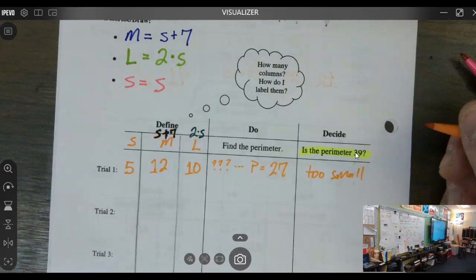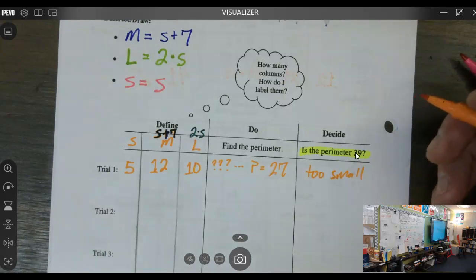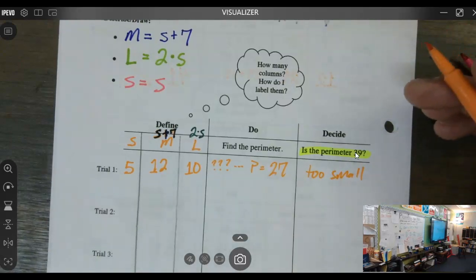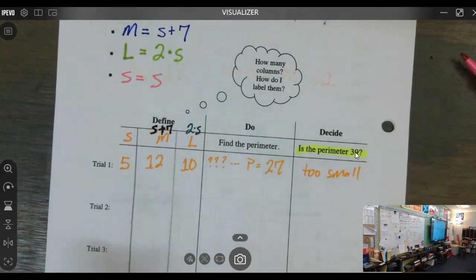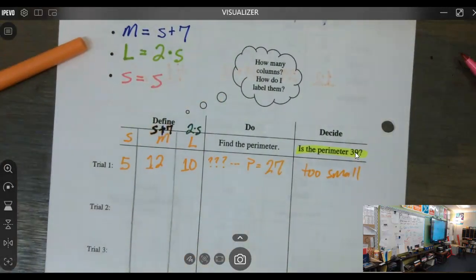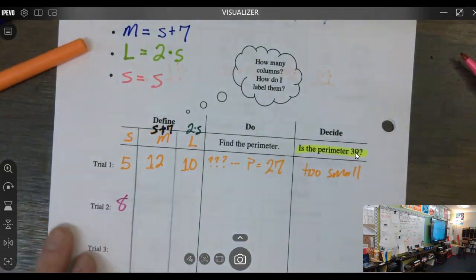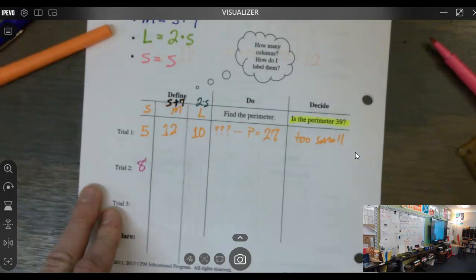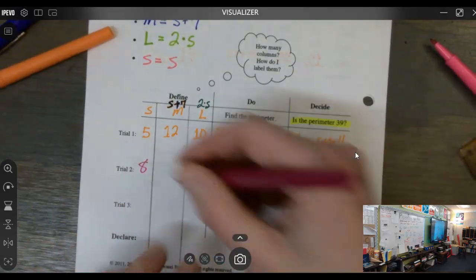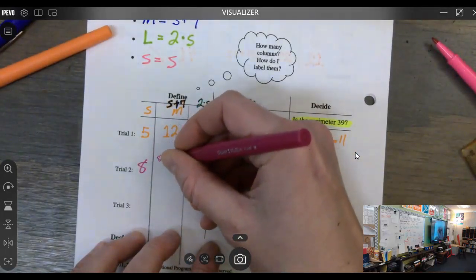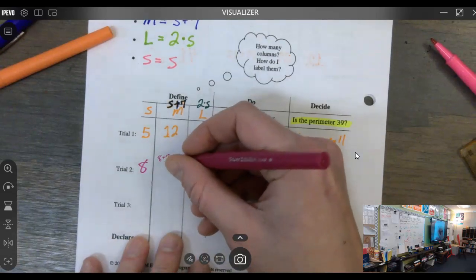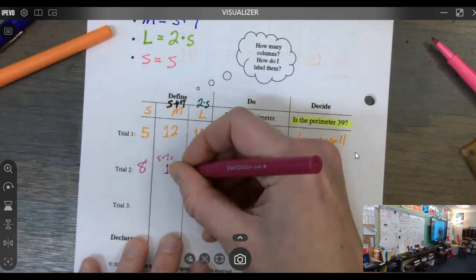Okay, hold on. I was going to ask for somebody else's guess, but since you already said it out loud, I'm going to change colors as I change my guess. Now, Josh, let's make sure we didn't make any math mistakes, because that sometimes happens. What's 8 plus 7? 15.